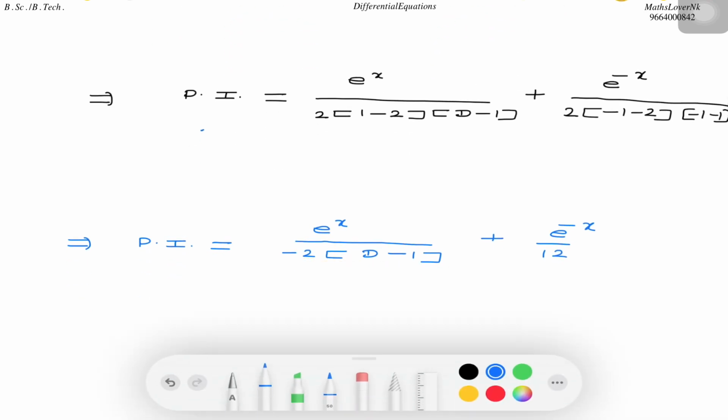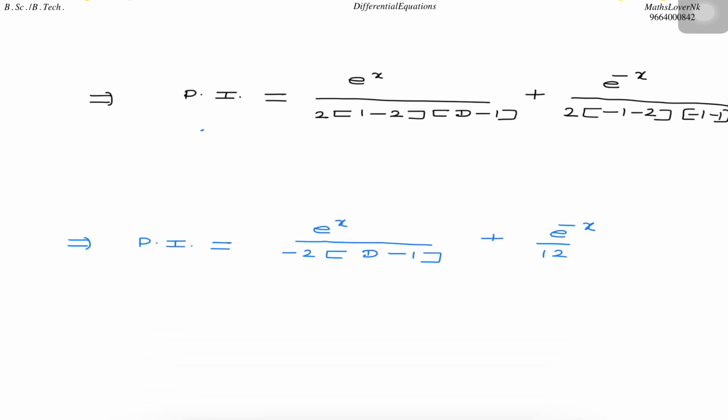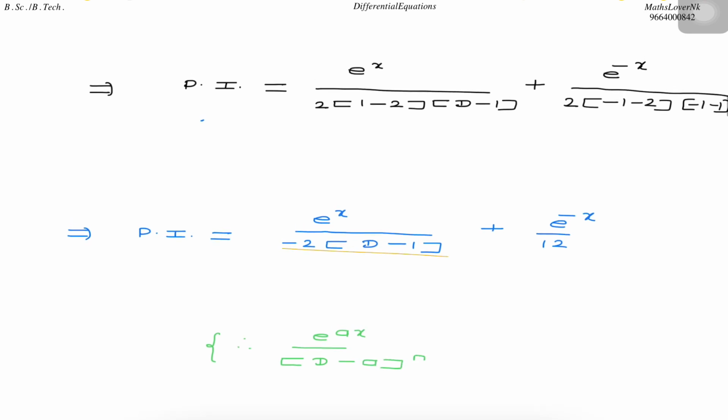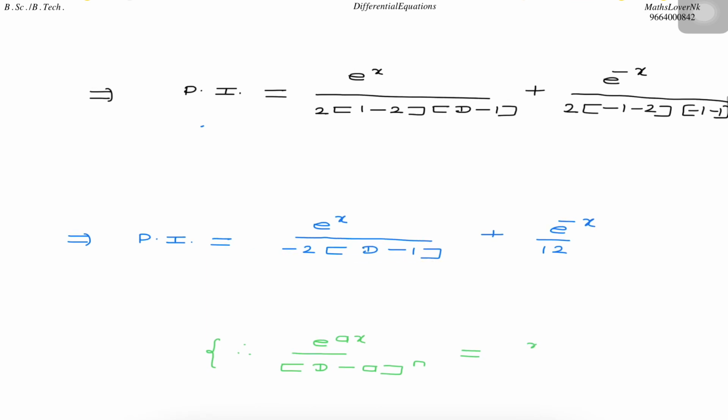Now solve again by applying the identity. The identity says that if e to the power ax is given in the numerator upon (D minus a) to the power n in the denominator, then we can write x to the power n upon factorial n into e to the power ax.